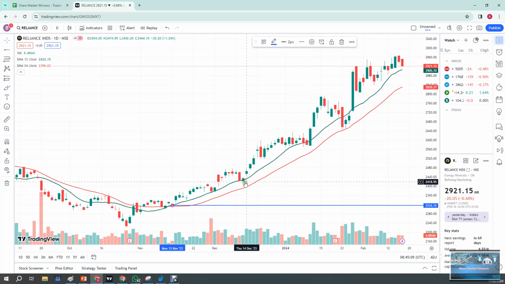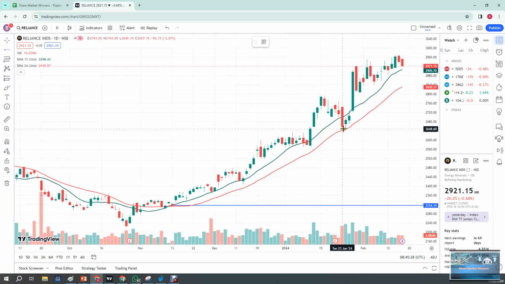Or if you feel you don't want to take much of a risk, you could have come out from this point, and another entry point is given from this point. So ideally, when it comes and crosses or touches this point, that's the point where you need to take an exit, a safe exit.